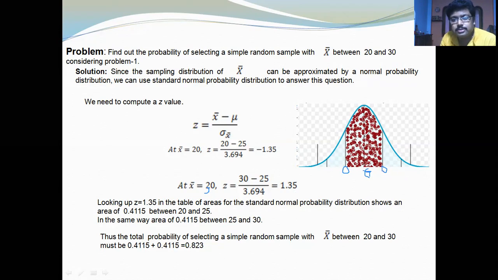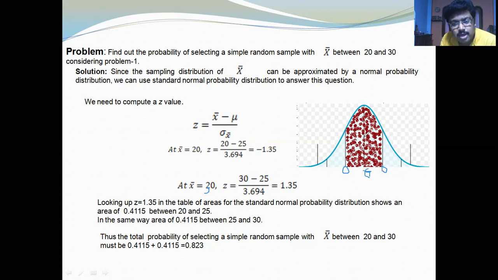In this lecture I have tried to clarify how to calculate the population mean and population standard deviation, and how to calculate the sample mean and the standard deviation of the sample.